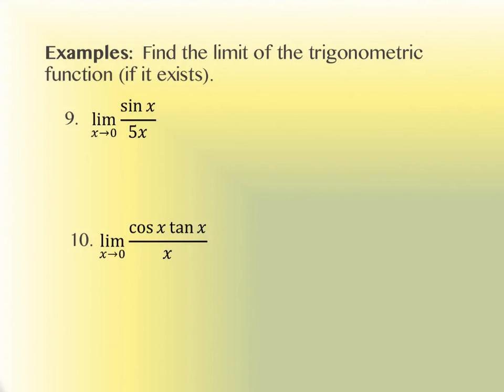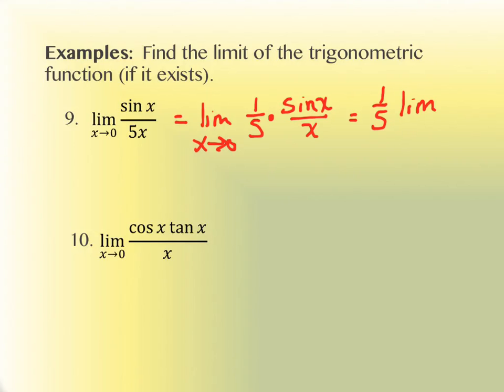Well, we have a limit theorem from earlier in section 3, theorem 3.1, that says I can write this as 1/5 times sine x over x, right? And that's a fact about numbers. But once I have it written in that form, it allows me to pull that 1/5 to the front, and that's theorem 3.1, part 1, that allows me to do that.